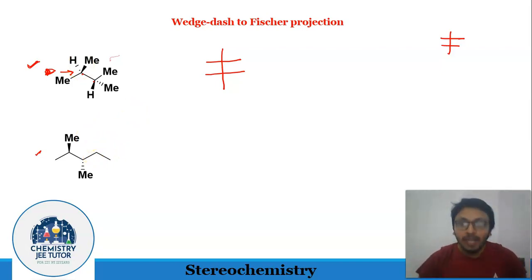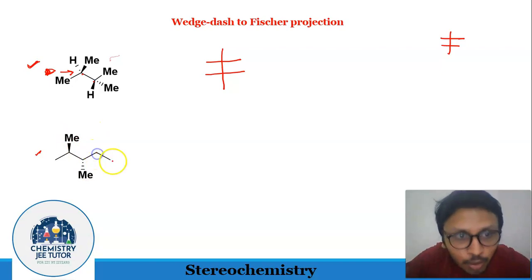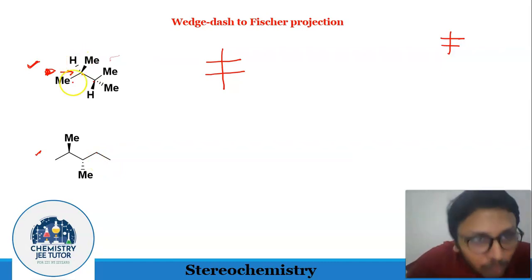Only atoms which are substituted constitute an intersection in a Fischer projection. If you don't have a substitution in a wedge dash or any other projection, those do not constitute an intersection in the Fischer projection. Here, CH2 and Me, we can directly say it is an ethyl and put it in the plane. We'll come to it. So we have two intersections.